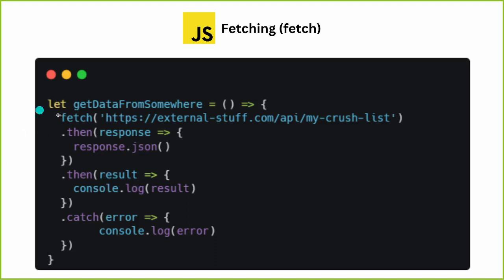Of course, this is the common coding style or syntax when fetching something. There are a lot of styles when handling promises and asynchronous calls, but know that it always returns a promise and you can handle it with a dot then.